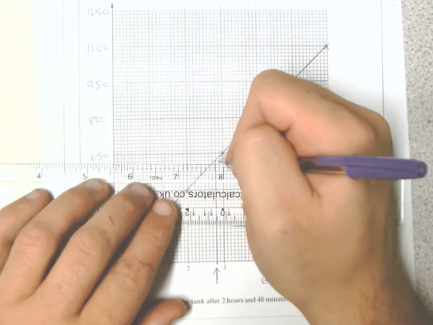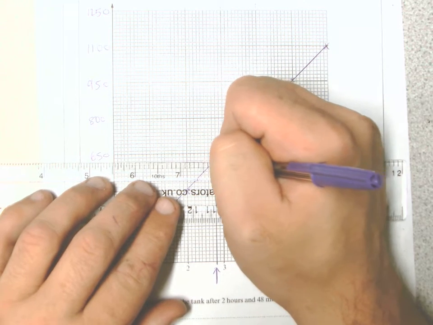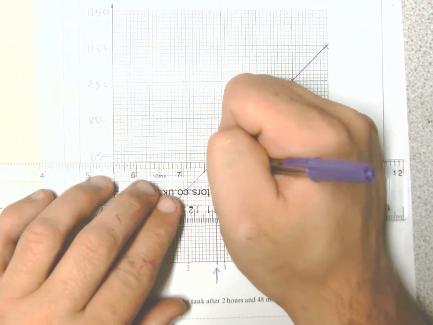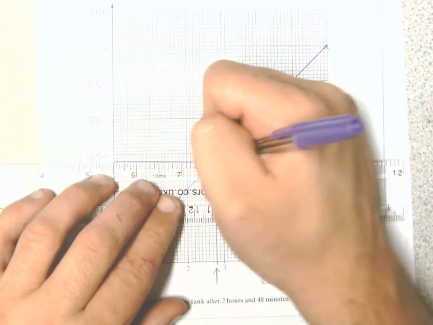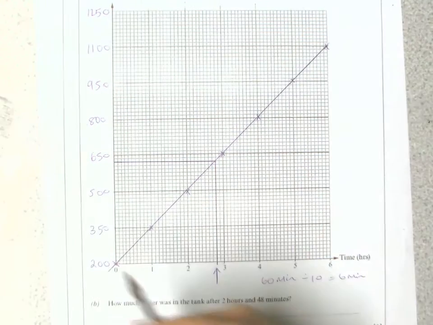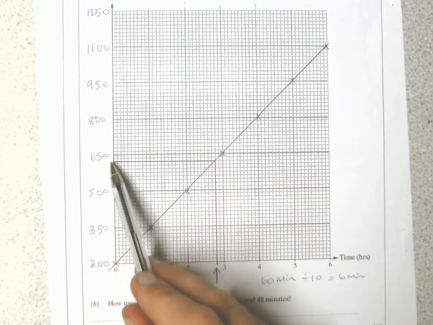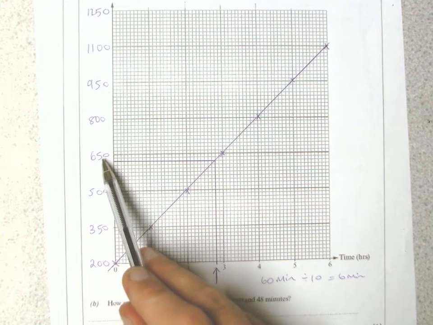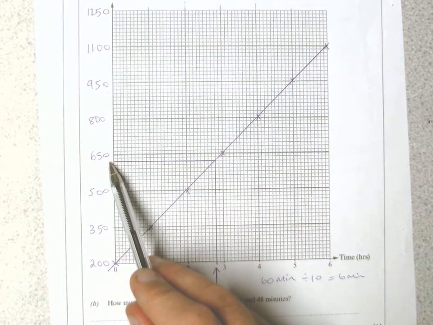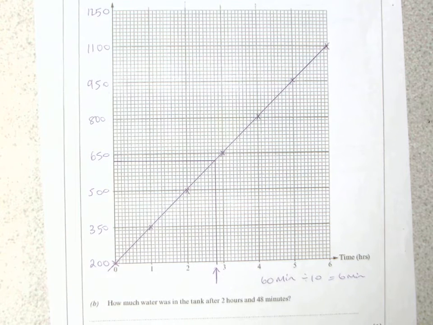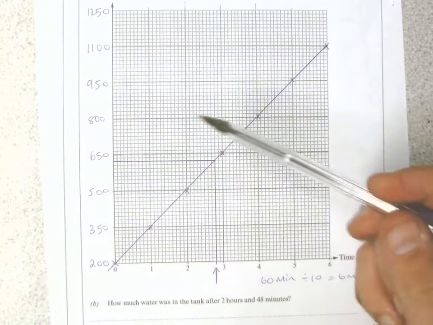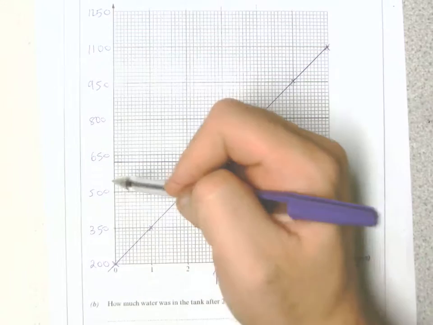It's best to draw a line before you do any reading. It hits the axis just short of 650. And of course we do need an exact value, so we have to be really careful, but we can use the same reasoning.